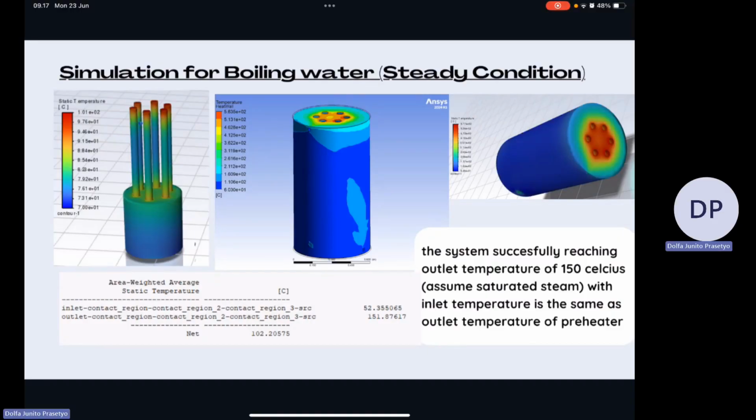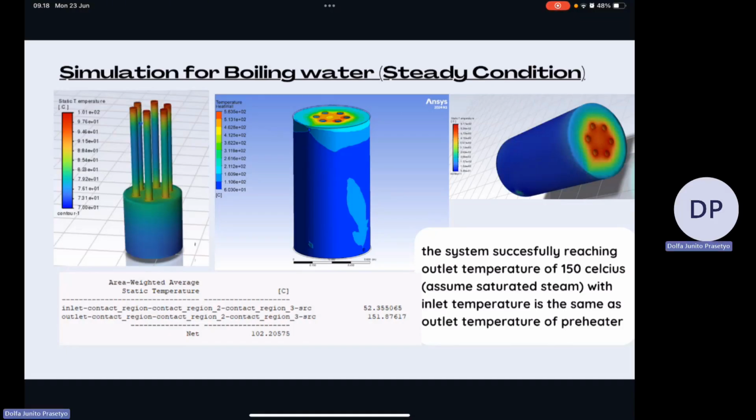In the very left picture, this is the temperature gradient in the contact between the surface of the water domain and the furnace. In the middle picture, we can see that the top, which is the outlet of the flue gas, is reaching about 500.5 degrees Celsius.